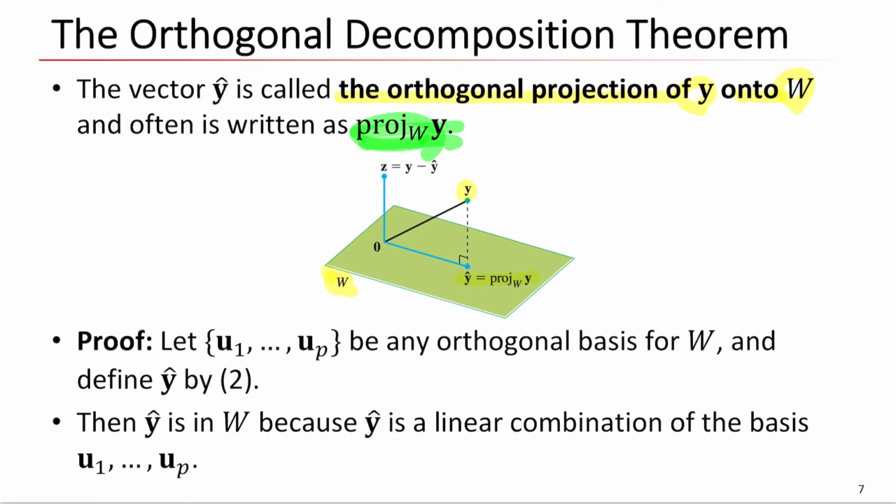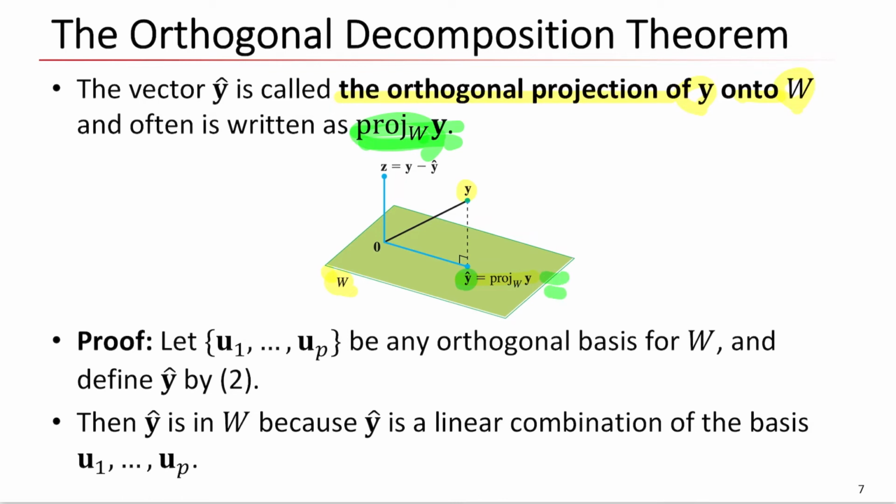So there is only a single representation of y hat. In other words, y hat is unique, right? So this is the orthogonal projection of y onto W.